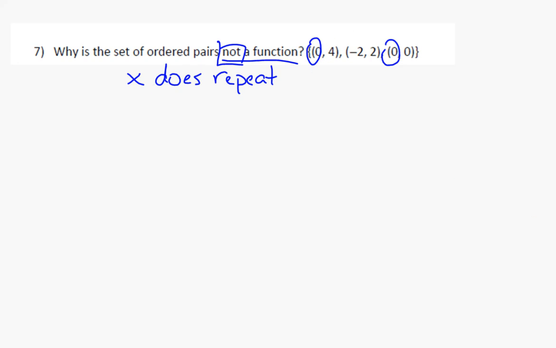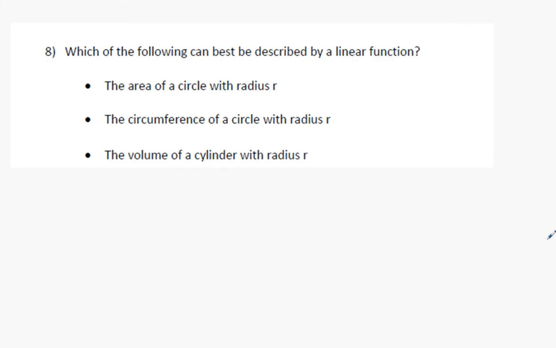Okay, number 8. Which of these can be best described by a linear function? So a linear function needs to look something like y equals mx plus b. So most importantly, to make it linear, there should be no exponents.